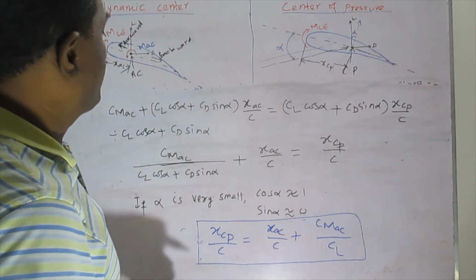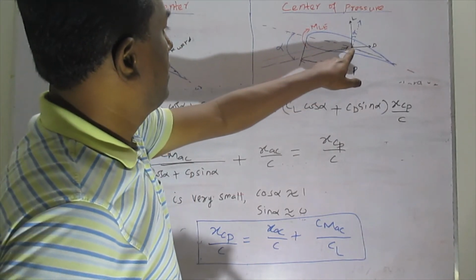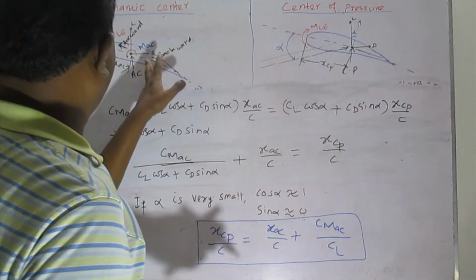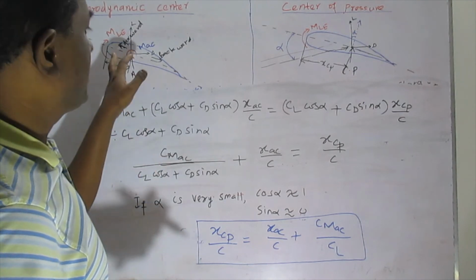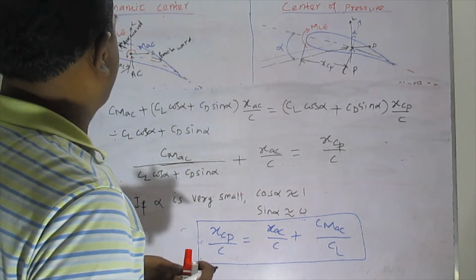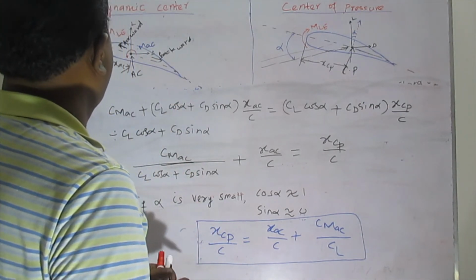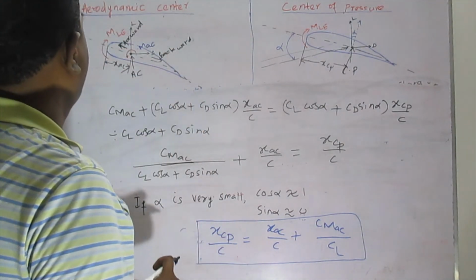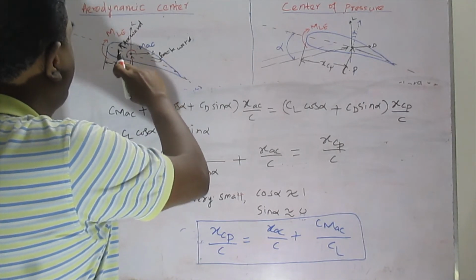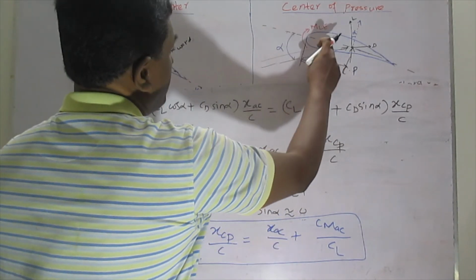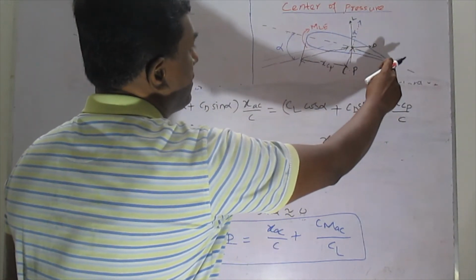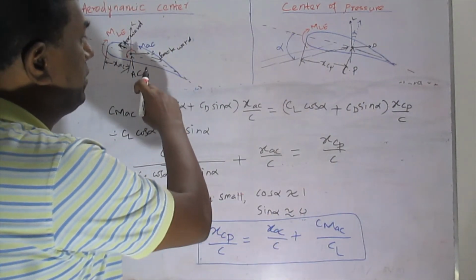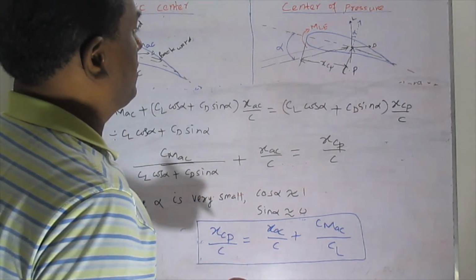Suppose the center of pressure moves towards the leading edge, then we say it is moving forward of the aerodynamic center, or if it is moving towards the trailing edge, then it is backward of the aerodynamic center.